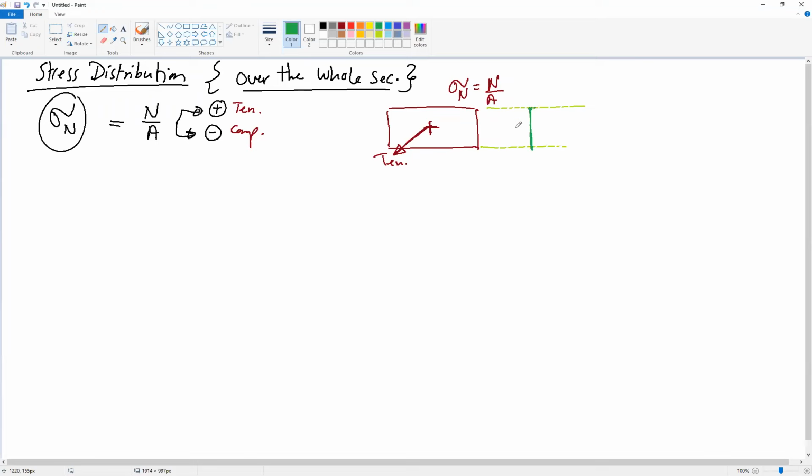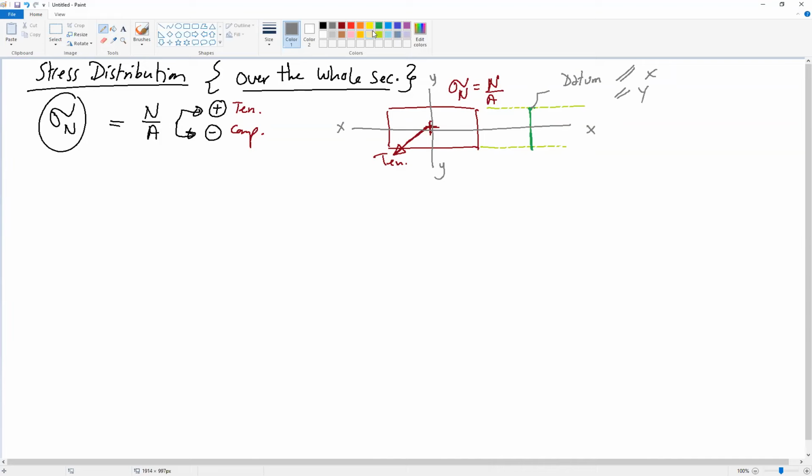This datum may be parallel to y, if this is the y axis, and this is the x axis. So this datum may be parallel to x or parallel to y, it doesn't matter, because the normal stress is uniformly distributed.